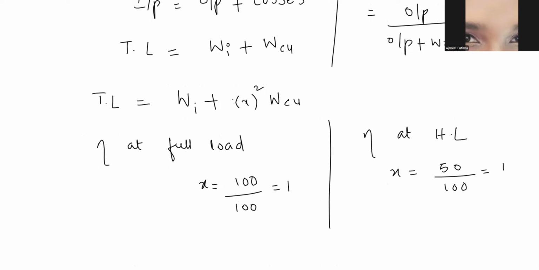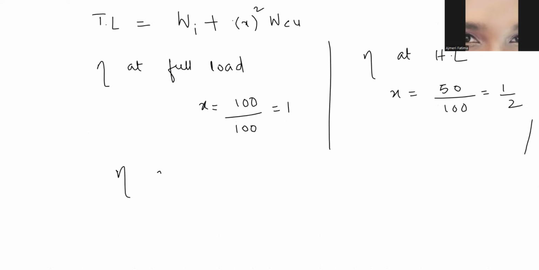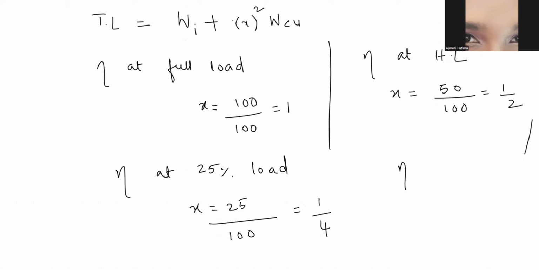At 25% load, x is 25 by 100, which is 1 by 4. At 75% load, x will be 75 by 100, which gives 3 by 4.